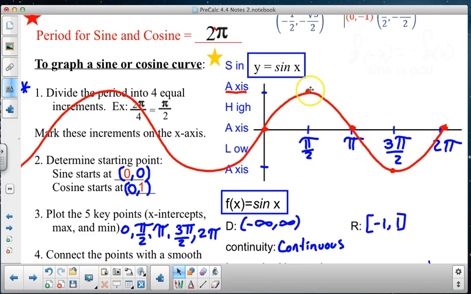They'll go high, and whatever that is, determined by our a, amplitude, then back to the axis, and low, and back to the axis again. So keep that in mind. It's going to be the same pattern. It's going to be helpful for us to not only graph sine, but remember, graph the sine's inverse, cosecant.